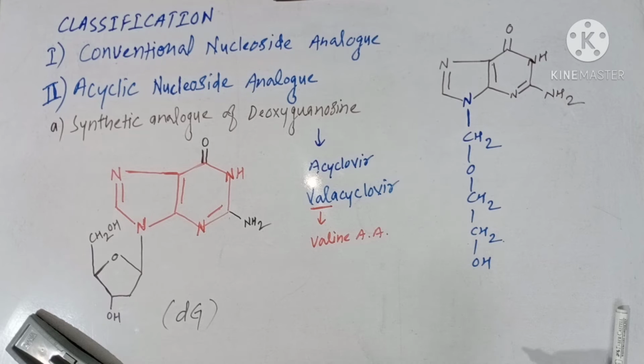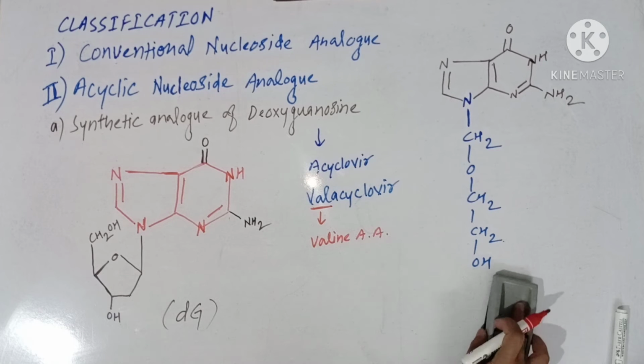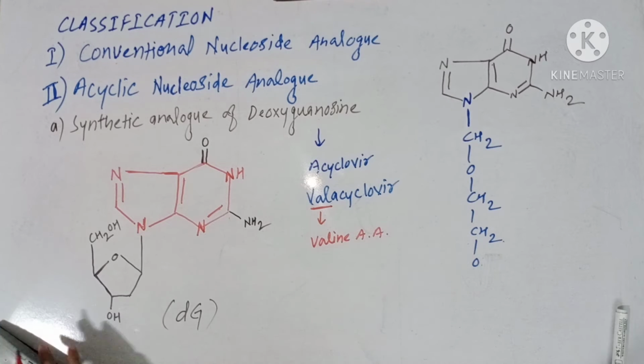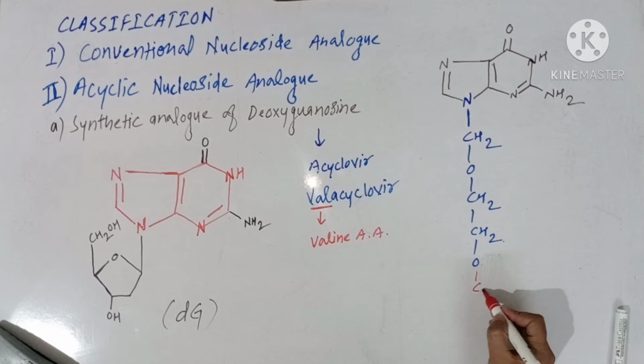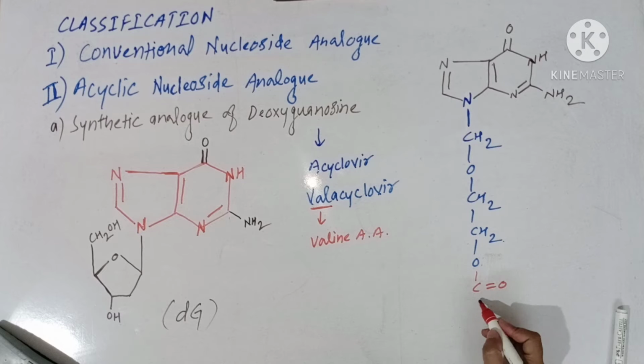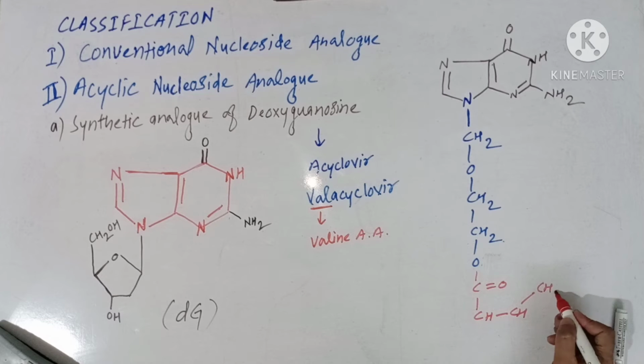So this acyclovir has valine amino acid. Where is this valine amino acid present? Actually this valine amino acid is present here. If this hydrogen is removed, and in place of this hydrogen I add a valine amino acid, then the drug so obtained is known by the name valacyclovir.